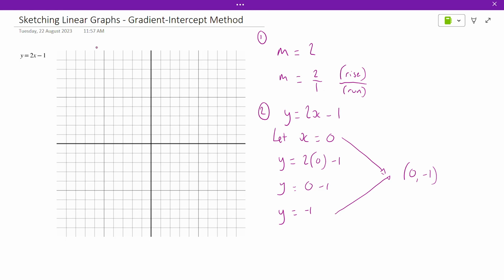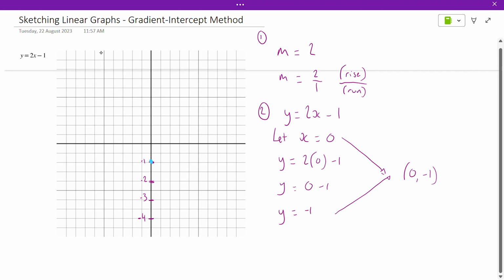So that's going to be our first coordinate that we can draw in on our Cartesian plane over here. So I'm going to use, let's do negative 1, negative 2, negative 3, negative 4, and let's draw it in a different color. So I'm going to just plot that coordinate that we just found, the y-intercept of 0, negative 1. So that would be this coordinate in blue.